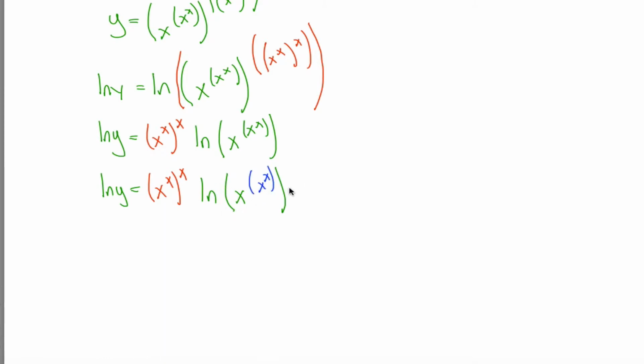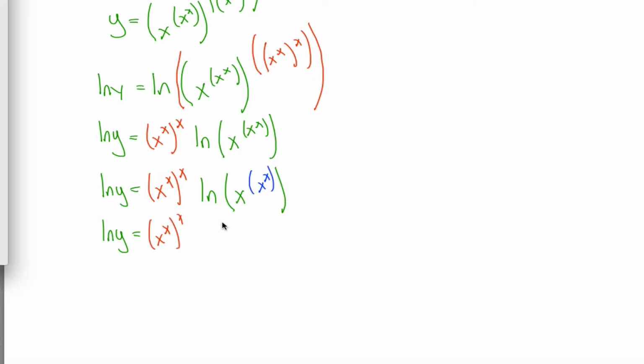So note that I could use the third log rule here to take this thing in blue in front of this natural log. What that would give me is that the natural log of y would be equal to, in red, x to the x raised up to the x, and then in blue, x to the x, and then in green, the natural log of x.